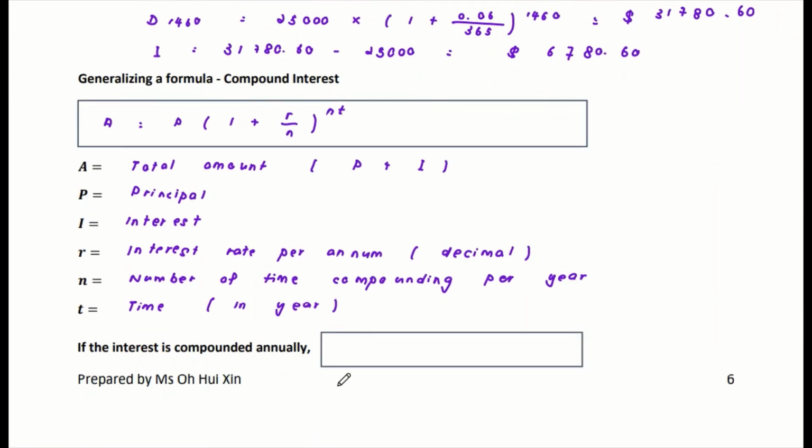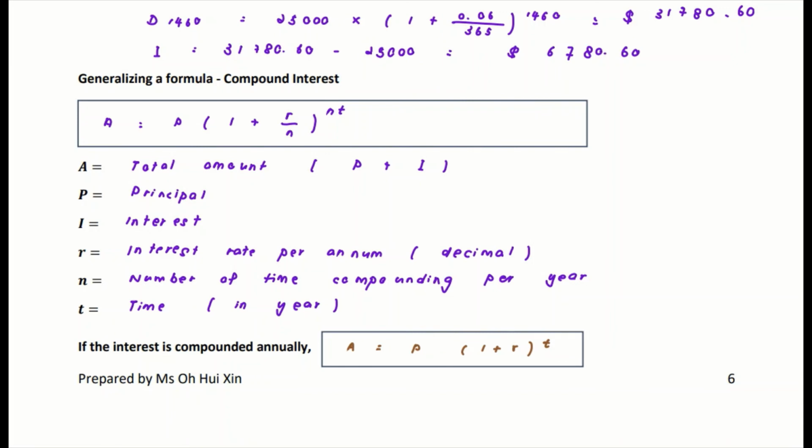So similarly, if let's say your interest is compounded annually, then you can imagine that the N here will be 1, because 1 time in a year, right? So that's why the formula will become much easier. A equals P, 1 plus R only, because you have R divided by 1, you get R. Then the N here is 1, so it's to the power T only. Sorry, there's no plus there.